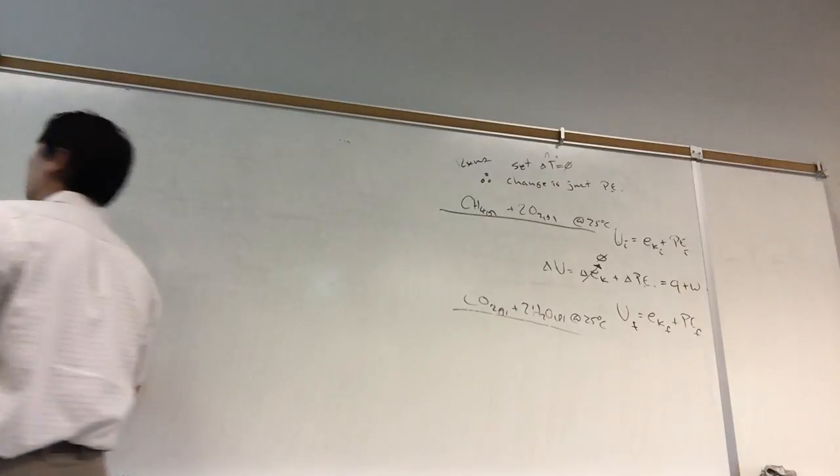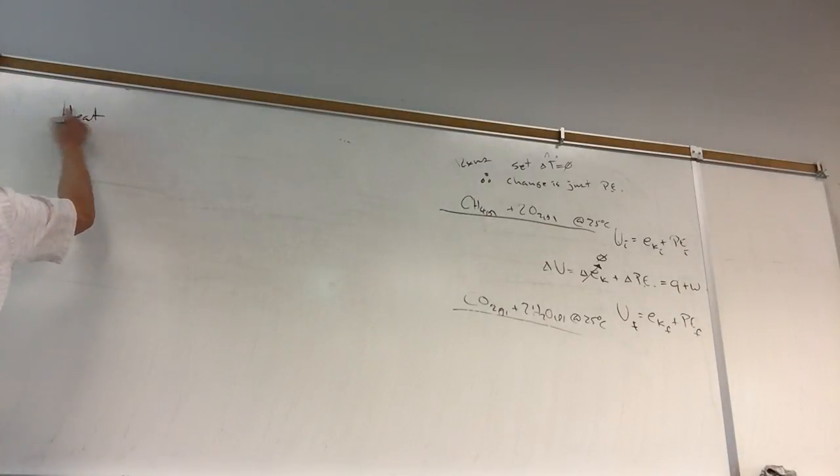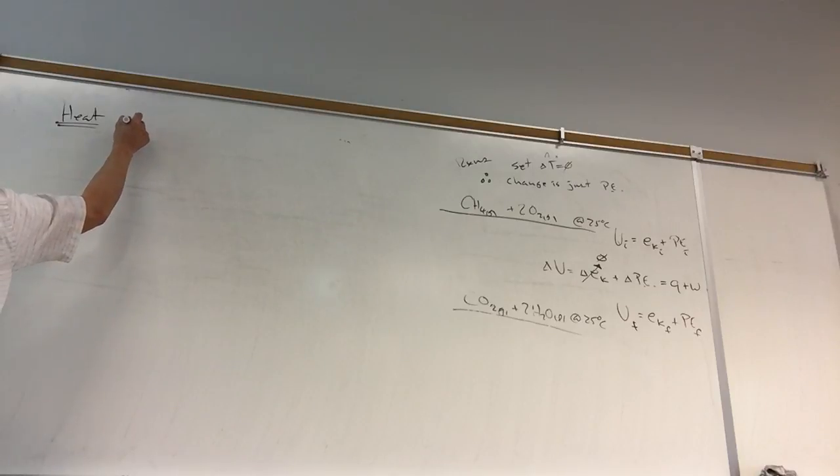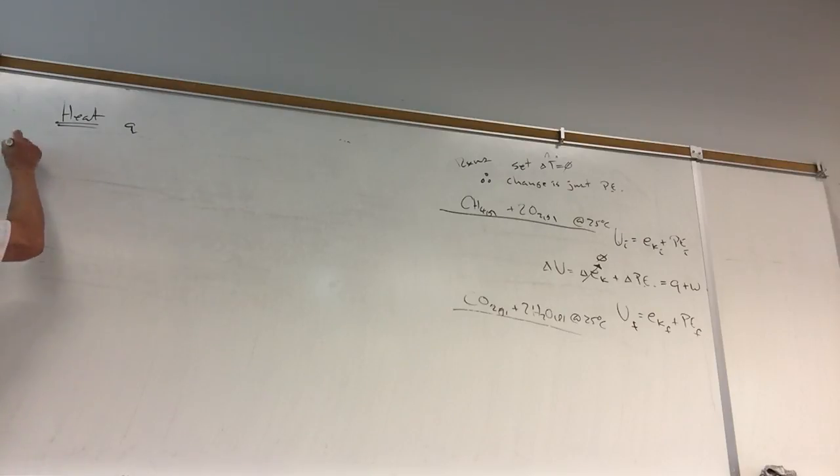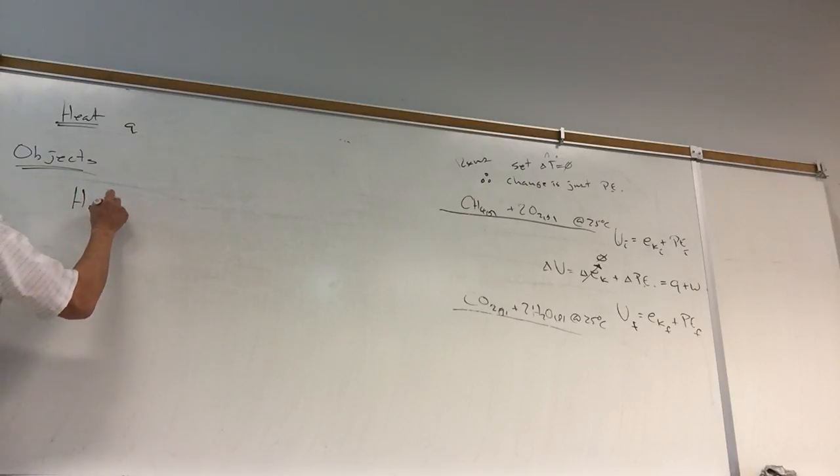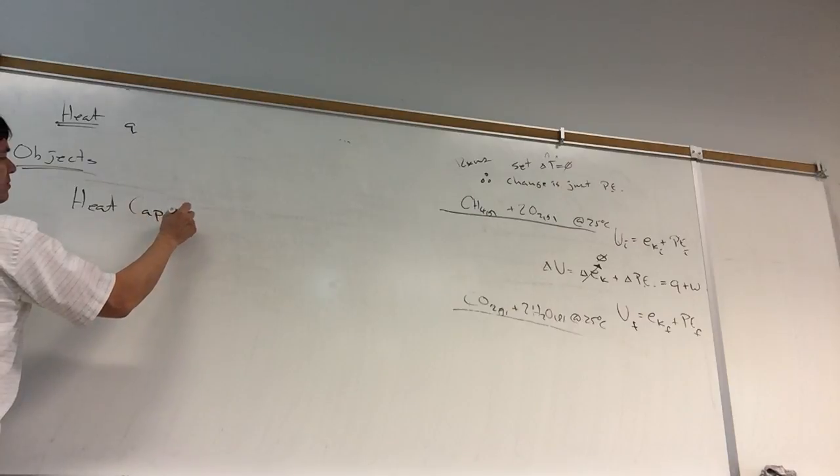And so we're going to be looking at heat next, Q. The first thing is we're going to look at heats for objects. Heats for objects are given by something called the heat capacity. Let's look at that first. So we start off with objects, and we have the heat capacity. There are different types of heat capacity.